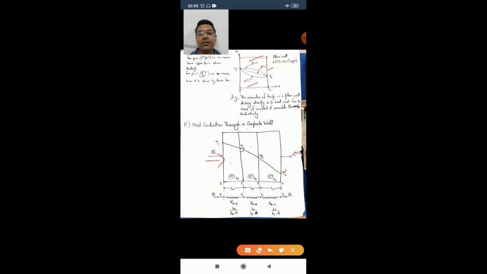There are three solids A, B, and C of thermal conductivity Ka, Kb, and Kc and of different lengths La, Lb, and Lc. An equivalent resistance diagram of the composite wall system is drawn here.